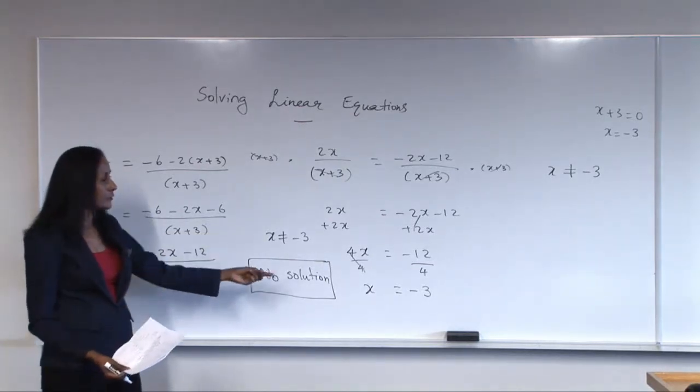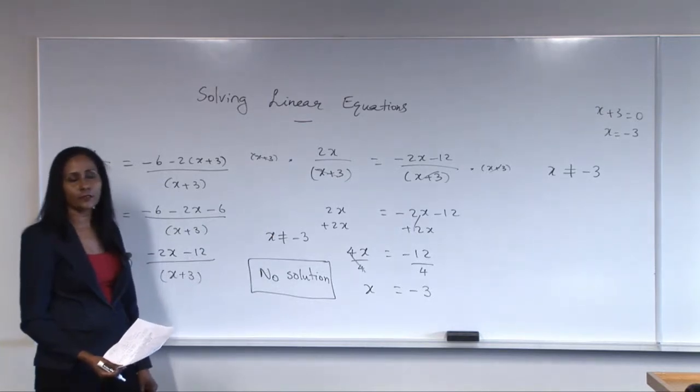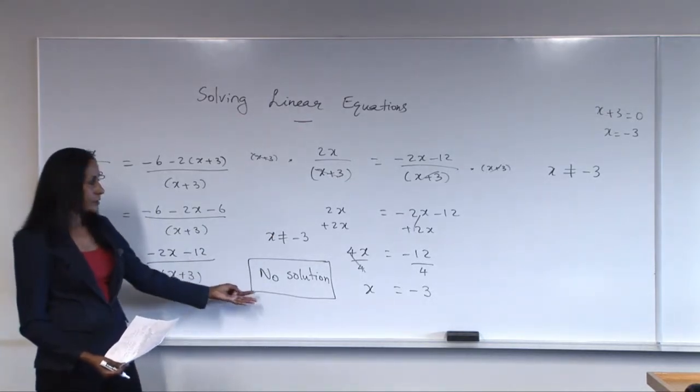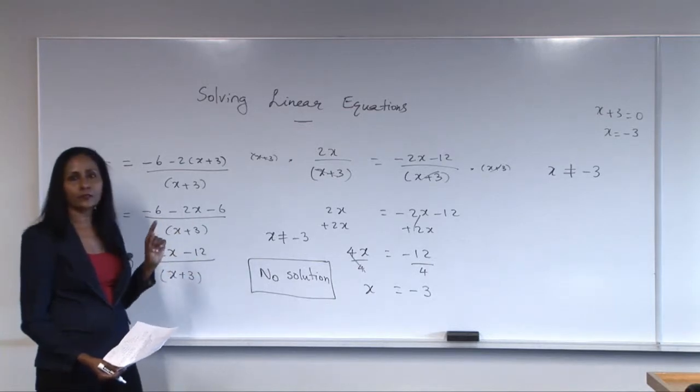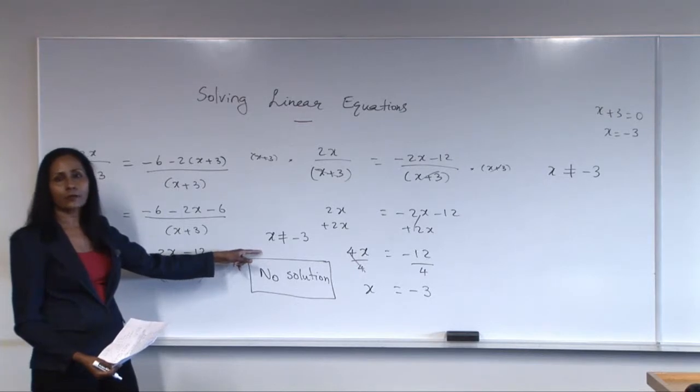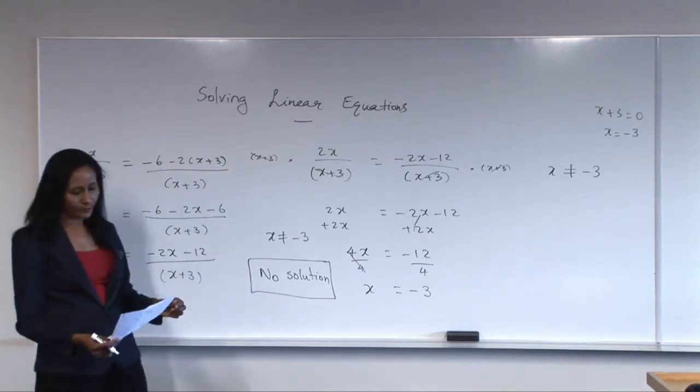If, for example, you got x is equal to positive 3 or positive 2, then you say those are the solutions. In this case, we got x is equal to negative 3, but x can't be negative 3, so our answer is no solution.